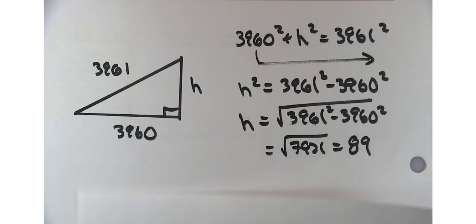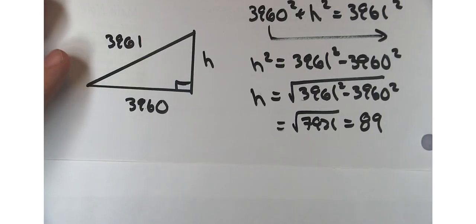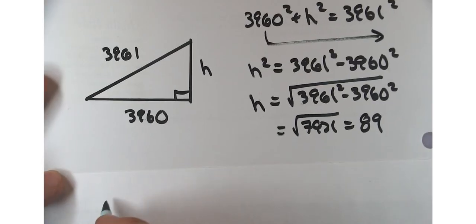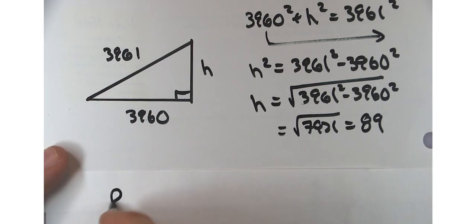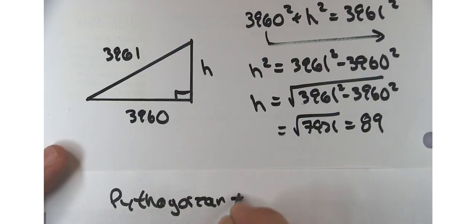Probably the most famous one is this one. 3, 4, and 5 is a Pythagorean triple. Pythagorean triples. Would that have 2 P's? Triple, T-R-I-P-L-E-S?